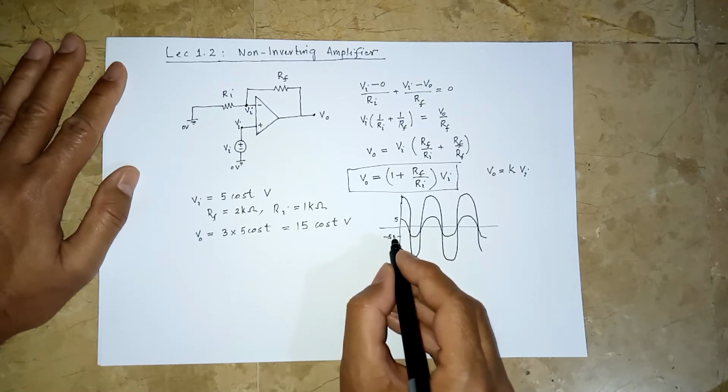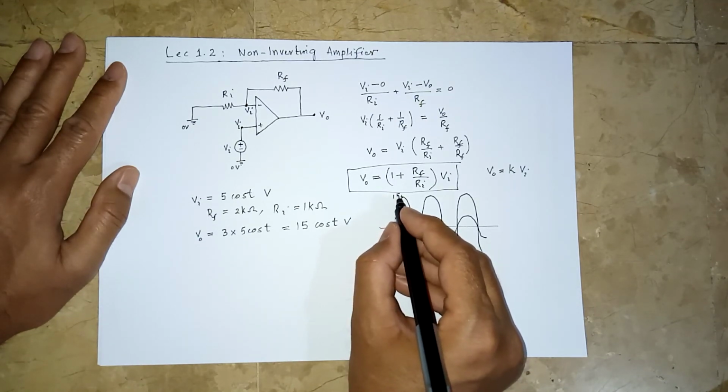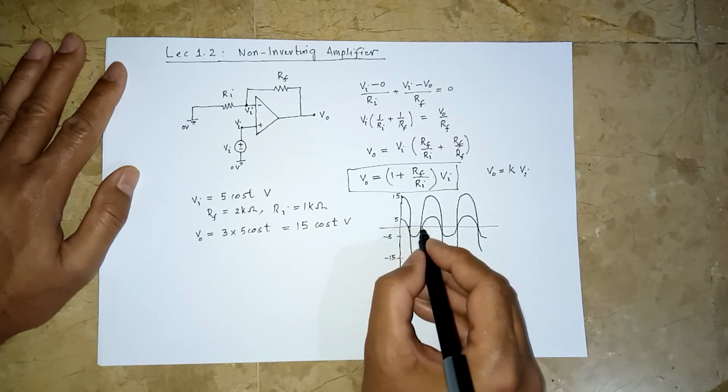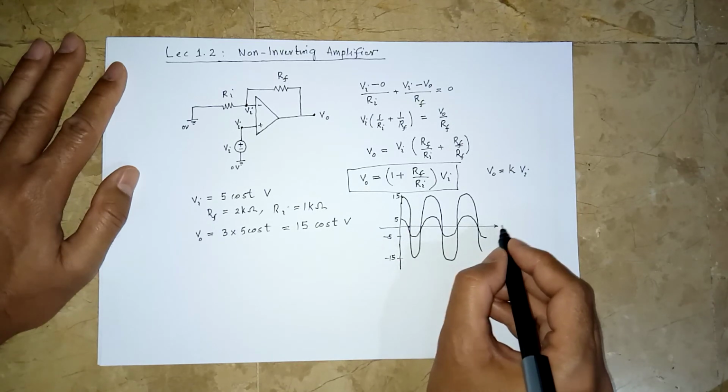So if the input varies between 5 and minus 5, the output would vary between 15 and minus 15. And obviously the zero crossings would be at the same time instance.